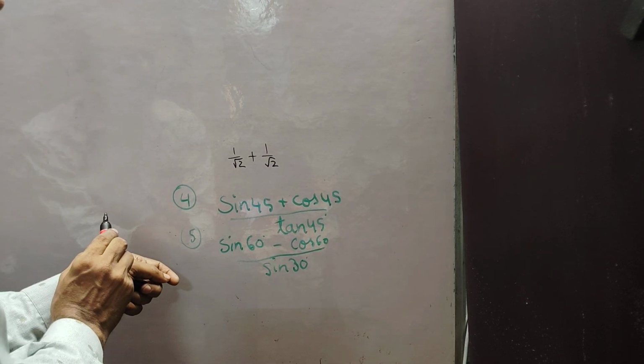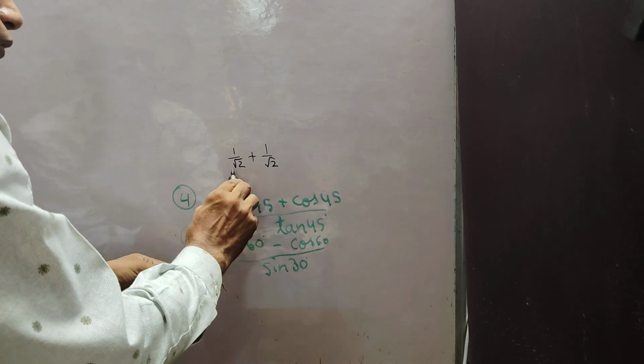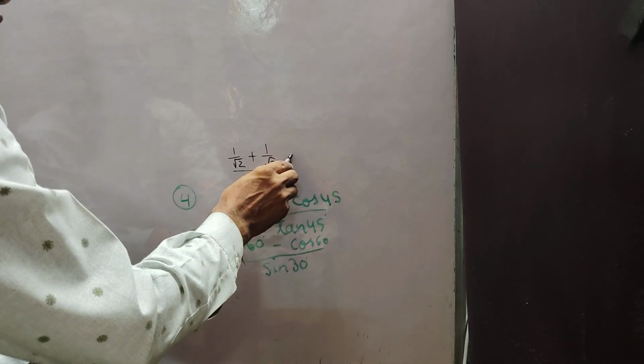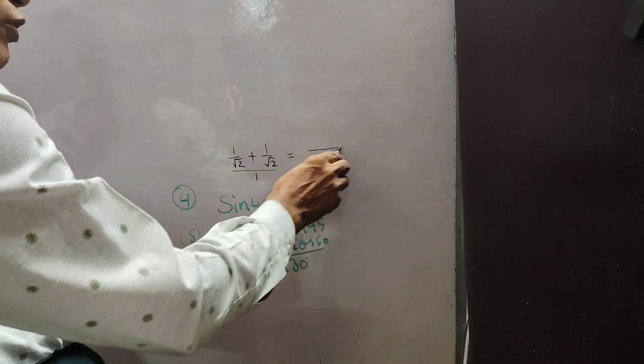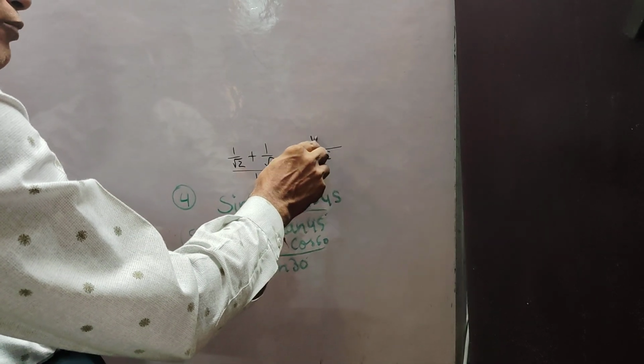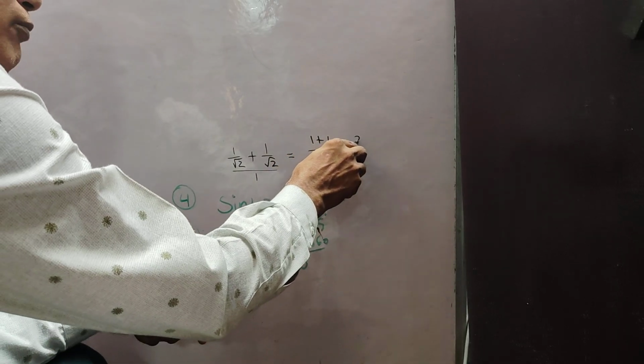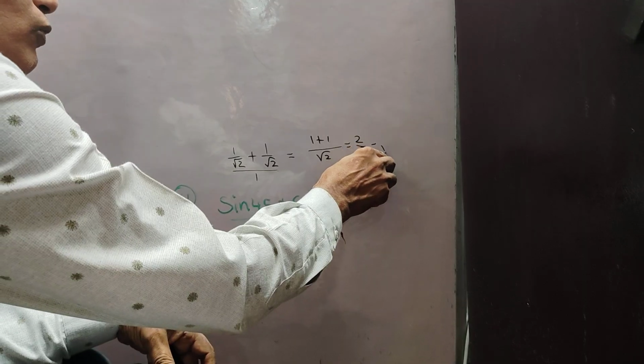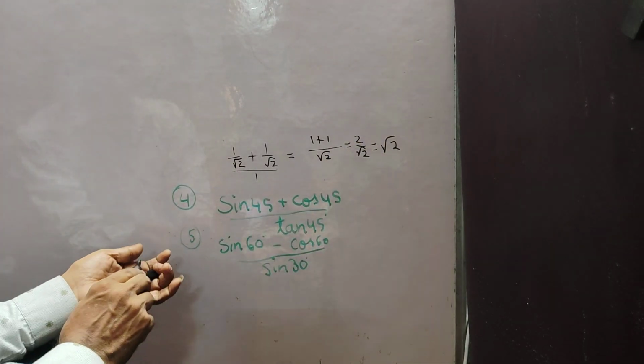Cos 45 is 1 over square root 2. Then over tan 45, which is 1. 1 we can eliminate. So only we have to solve this numerator. Square root 2 is the LCM. So 1 plus 1 means 2. So 2 cancels by square root 2. Square root 2 is the answer.